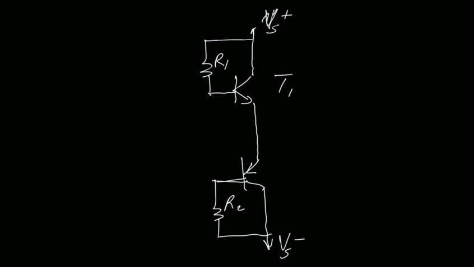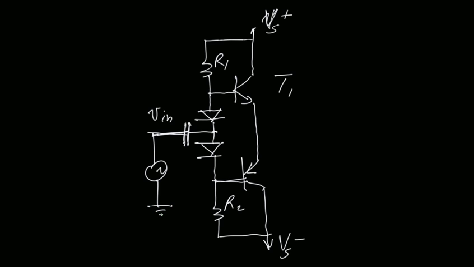But now here's what we're going to do in here, guys. We're going to put a diode here and another diode here. And now we inject our input signal through a capacitor to this point. So this is a coupling capacitor, and this is my Vin. Now let's say that Vin is simply an AC signal, just a sinusoid.